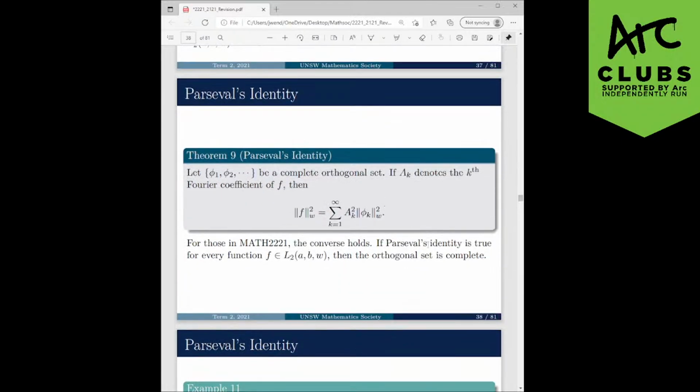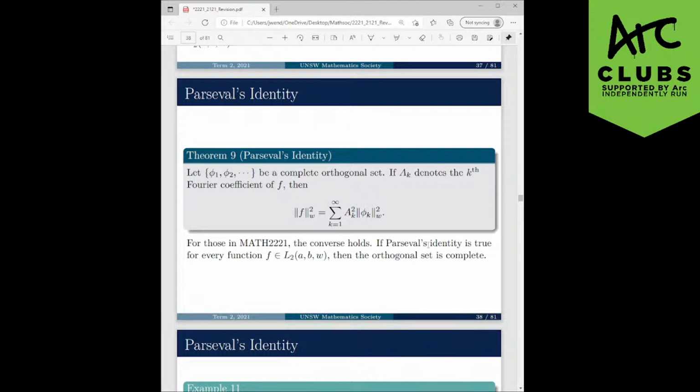Now, what you can do with the complete orthogonal set is make Parseval's identity. It's such a great identity. If you have a complete orthogonal set, and ak is the kth Fourier coefficient of f, then you know the norm of f squared with respect to the weight function is equal to the sum from k equals 1 to infinity of ak squared multiplied by the norm of phi k squared with respect to the weight function.